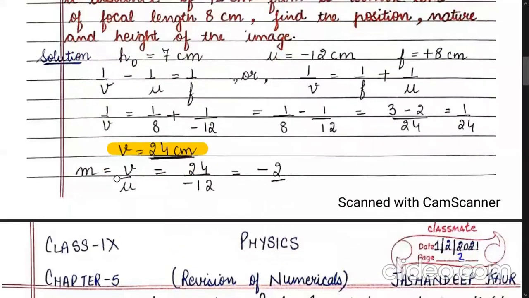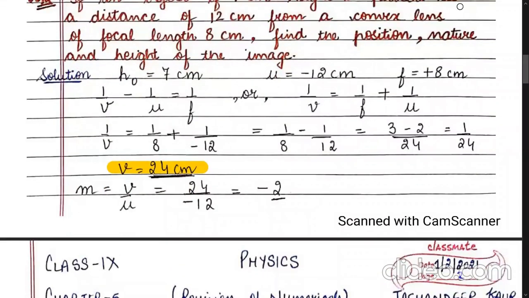Students, continuing further, they are also asking for nature and height of the image. For finding nature of the image, we are supposed to find magnification. And magnification is calculated as the ratio of V to U. So that is 24 upon minus 12, which comes out to be minus 2.